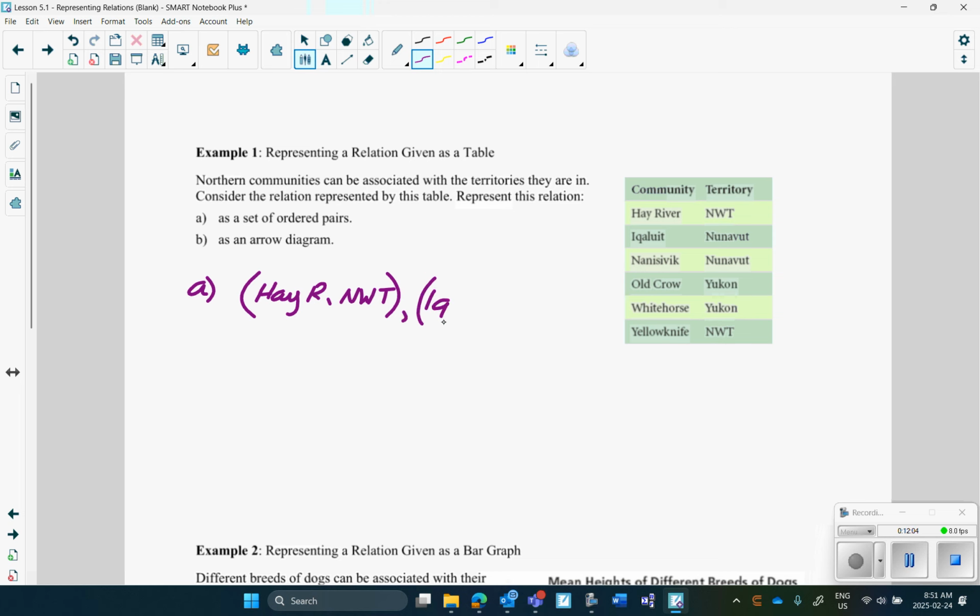Iqaluit is Nunavut. Nanisivik again is Nunavut.